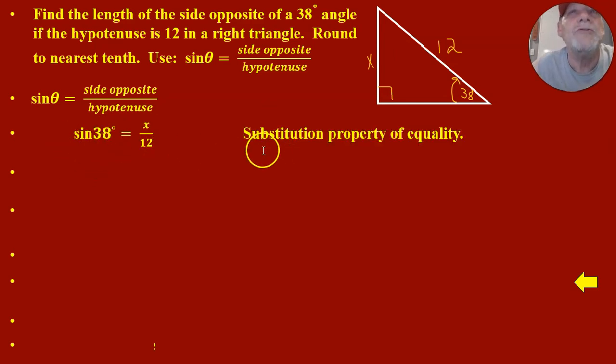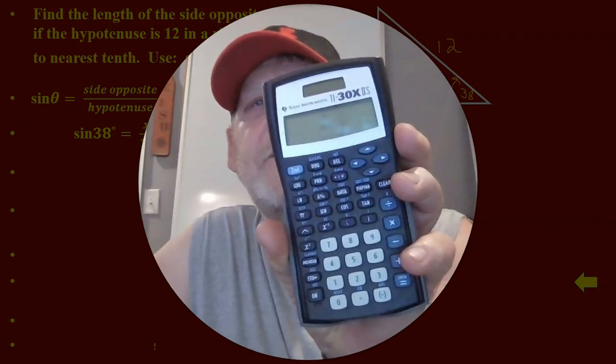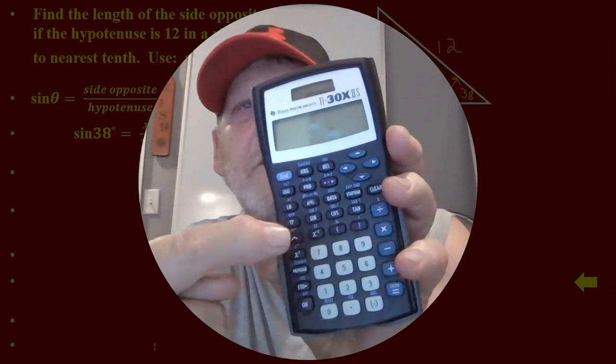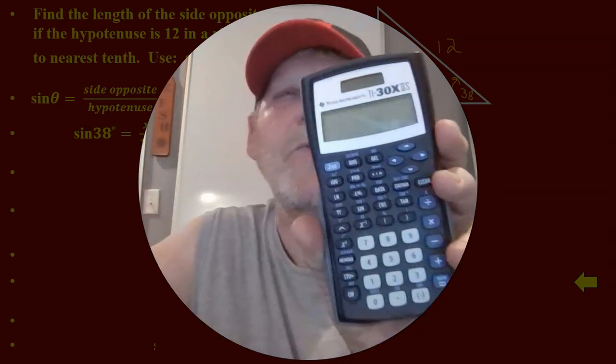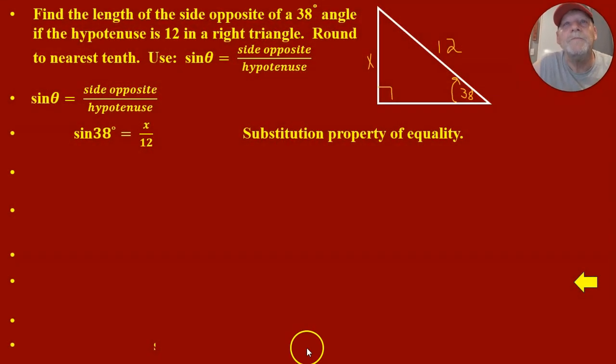All right, so I use the substitution property of equality to substitute values. Then on the calculator, and I use a TI-30, I just hit the sine button, see the sine of 38, and it will give me a decimal.